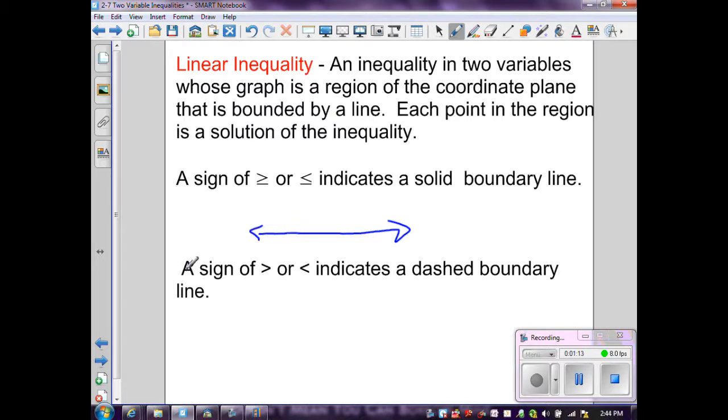I also could have a sign that is greater than or just less than, and that indicates I'm going to graph with a dashed boundary line. In other words, it will look like this. And that tells me that all points on this line are not part of the solution set for the inequality.